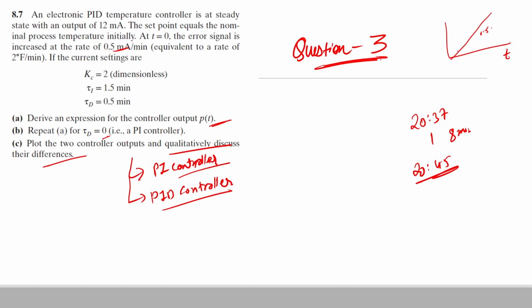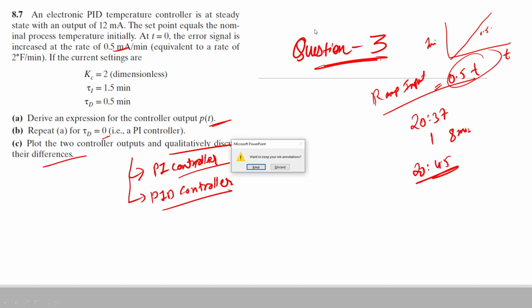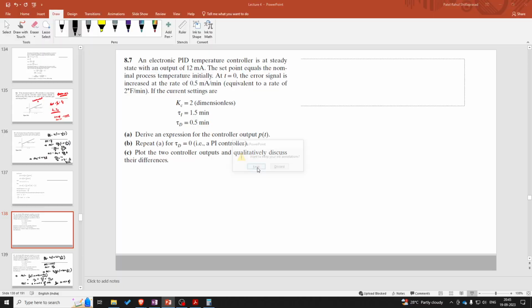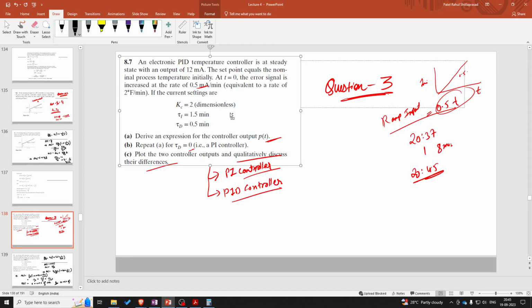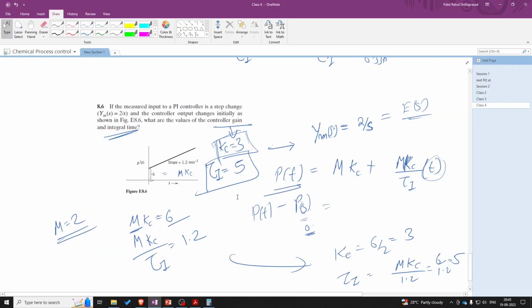Over here, this is time and this is input. So we have a ramp input that can be represented by the equation 0.5 t. Keeping this in mind, we can solve it using the approach that we discussed in the earlier two questions. So let's solve this.